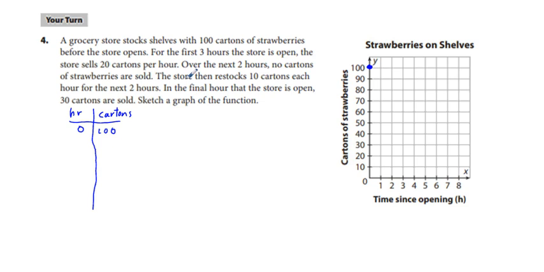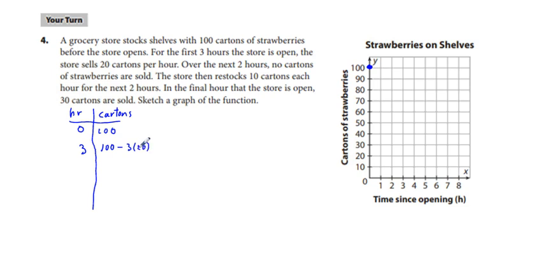For the first 3 hours the store is open, the store sells 20 cartons per hour. So by hour 3, we're going to have 100 minus, it's 20 per hour, and 3 hours, 20.